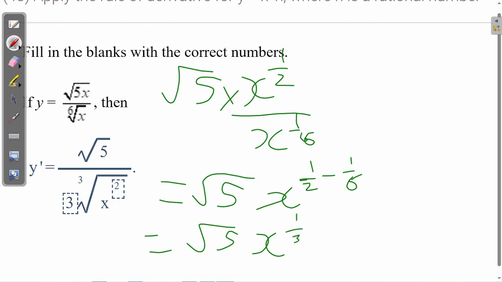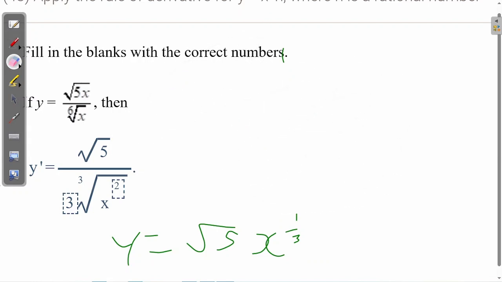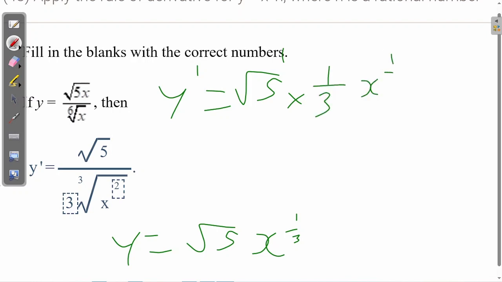Now this is y. We want y prime. Y prime is going to be, again keep the radical 5 aside, bring the 1 over 3 down, and do x to the power of 1 over 3 minus 1, which is negative 2 over 3.